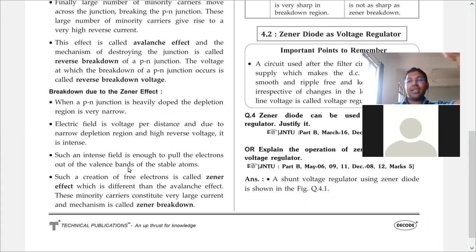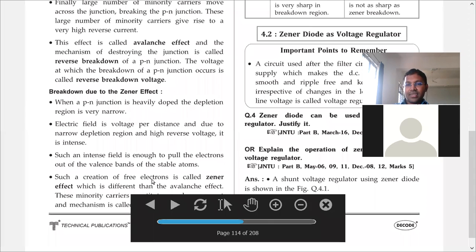I hope you know the energy band diagram. Valence band is simply the atom's outermost set of electrons, or you can say the outermost energy level, right? So that is the valence band. Then such a creation of free electrons is called the Zener effect.